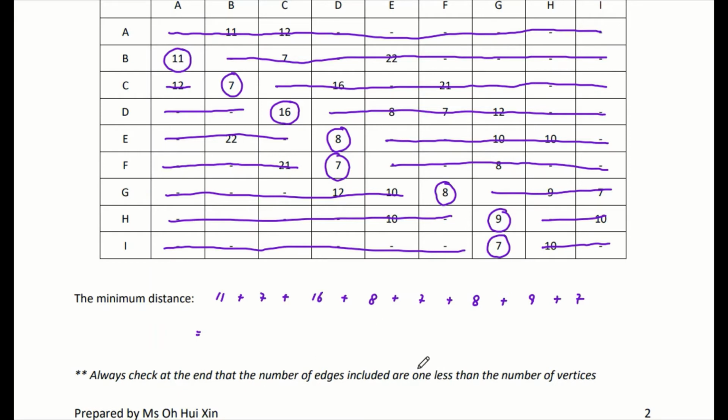How many edges do we have? 1, 2, 3, 4, 5, 6, 7, 8, which is correct, because the number of edges included will be exactly one less than the number of vertices. So the thing here is correct. So 18, 34, 34 plus 8 is 42, 49, 57, 57 plus 16 gives us 73. Okay, so this is correct.